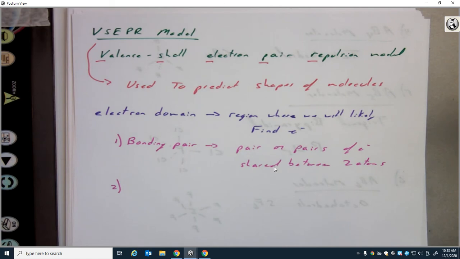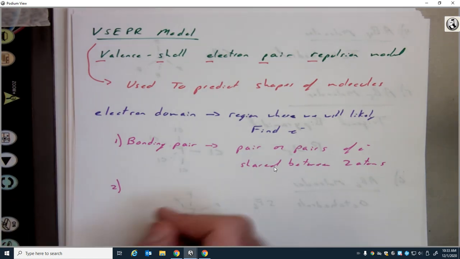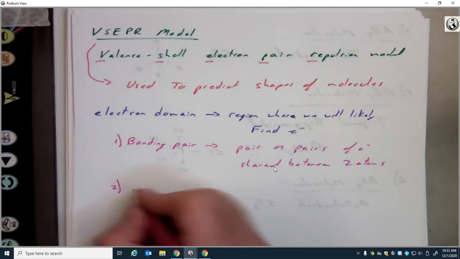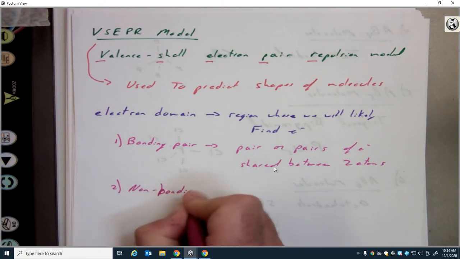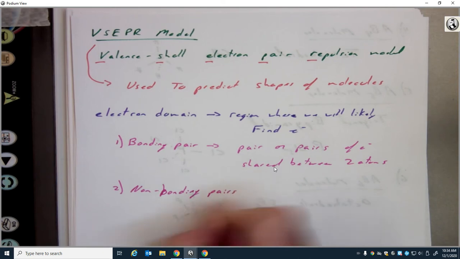And then the second type of electron domain we have are called non-bonding pairs, or lone pairs.